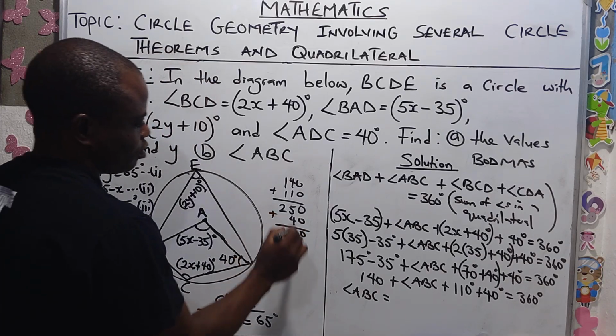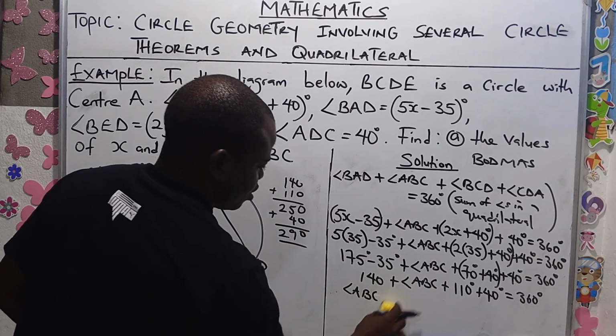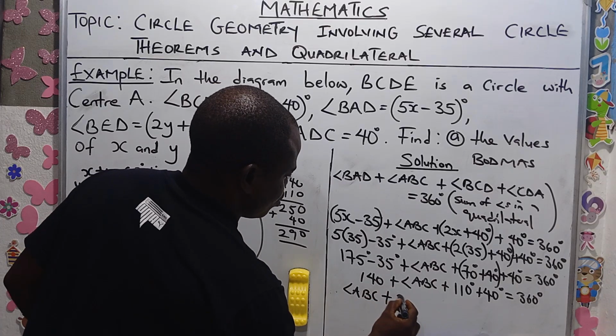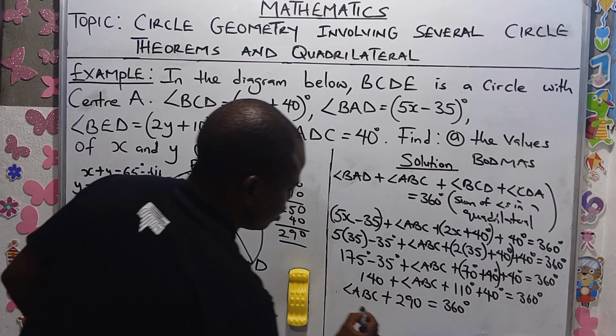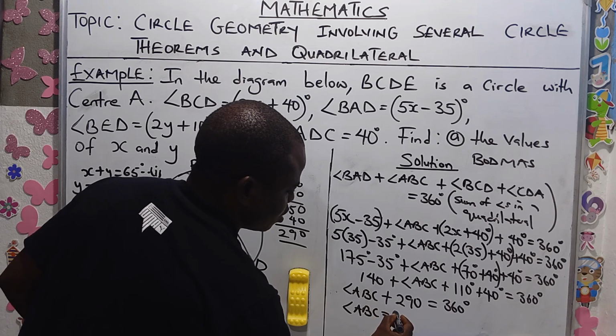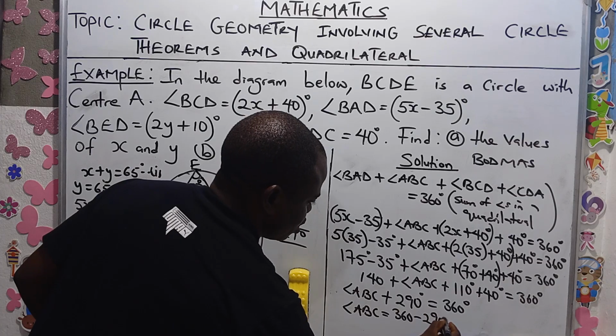Let's bring 2 down. We have angle ABC plus 290 equals 360 degrees. Angle ABC equals, in quadrilateral terms, 360 degrees minus 290 degrees.